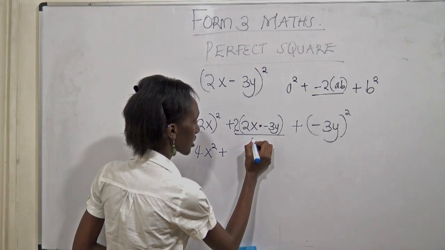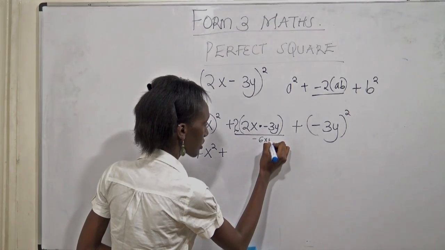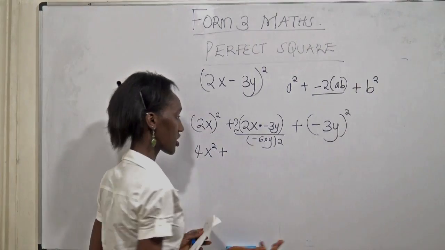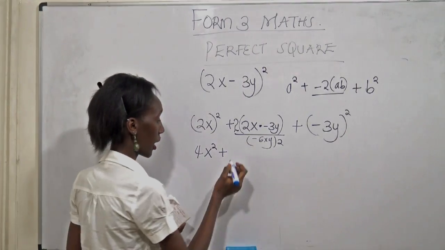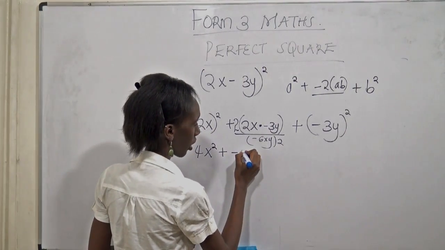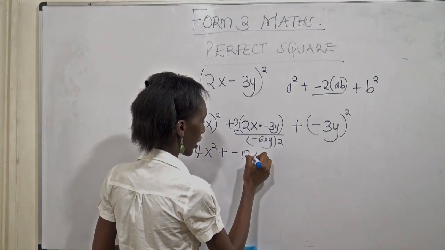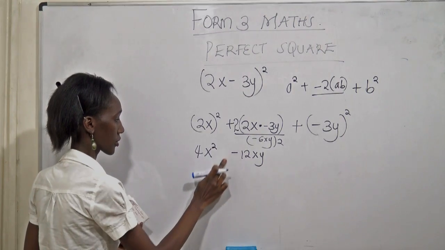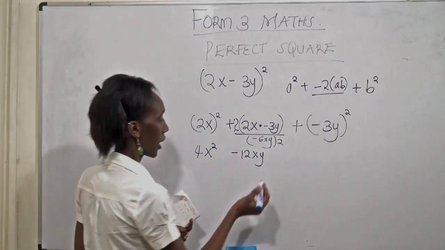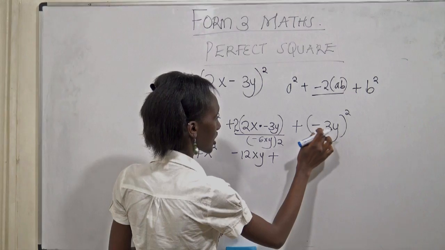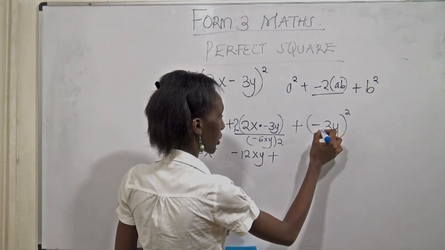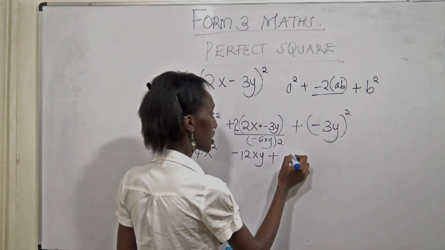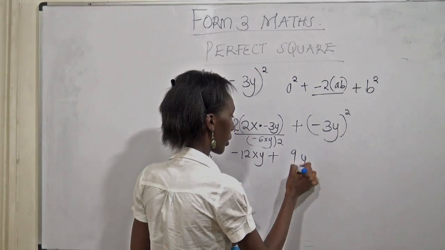Here I get negative 6xy. Then I double it up. It's going to give me negative 12xy. So a positive and a negative gives me a negative, so I'll do away with the positive. Plus negative 3y squared. Negative 3 times negative 3 will give me a positive number, which is 9, then y squared.